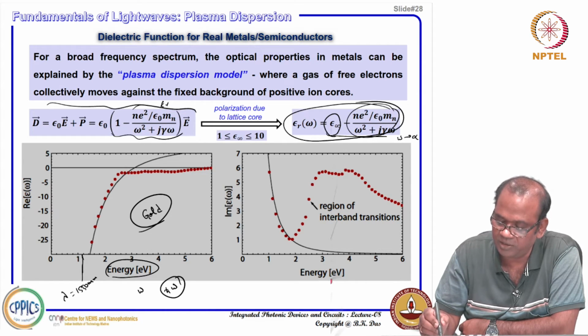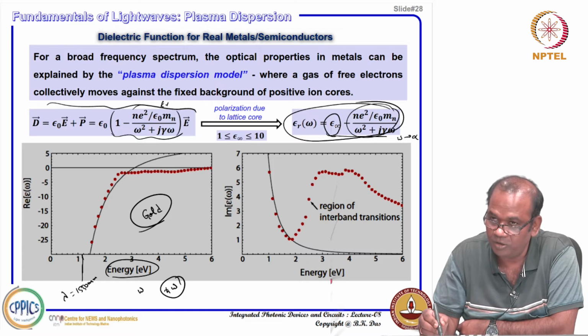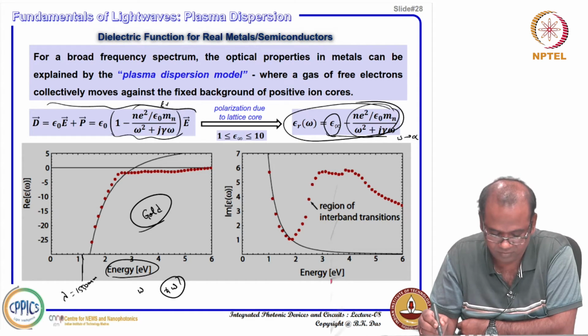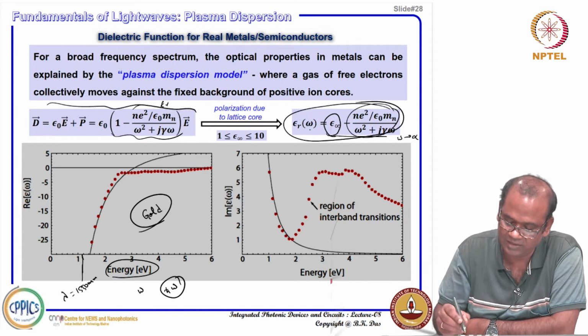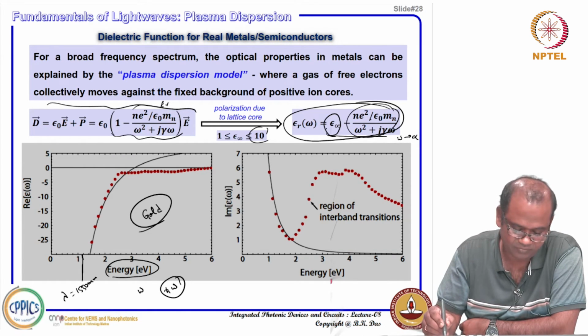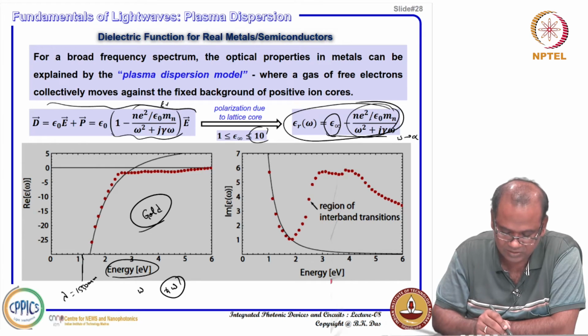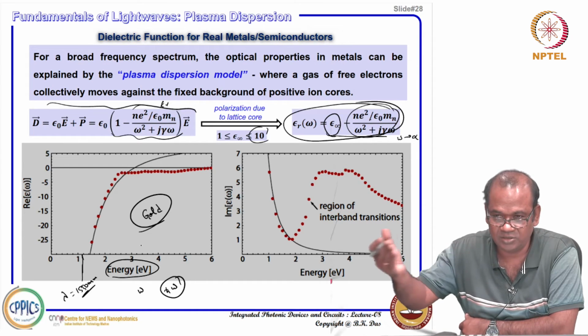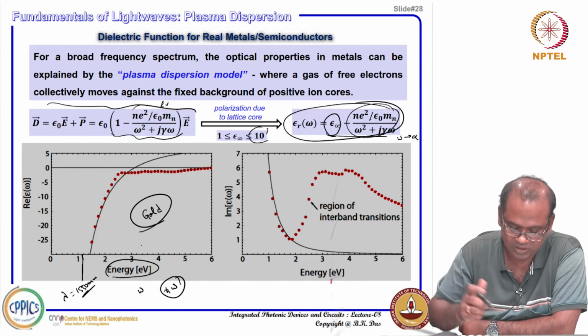Along with that epsilon infinity will be there, which is more than 1 but less than 10, though it can be higher than 10 also. If you add the real part from here and here, as the energy is increased, your wavelength is decreasing from 1550 nanometer. That means you are going towards the visible.